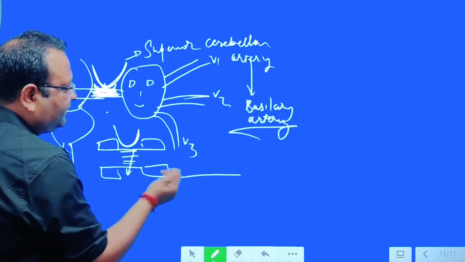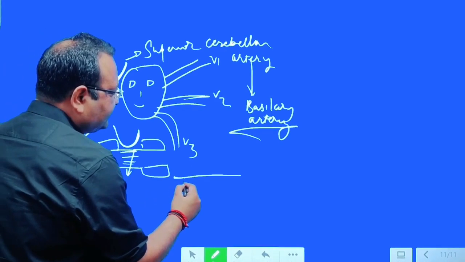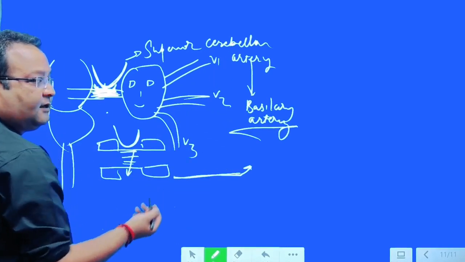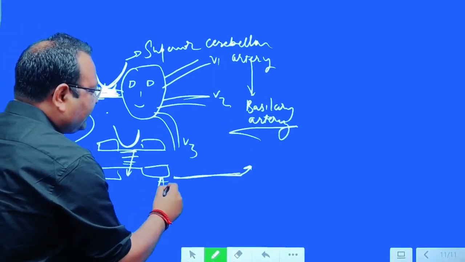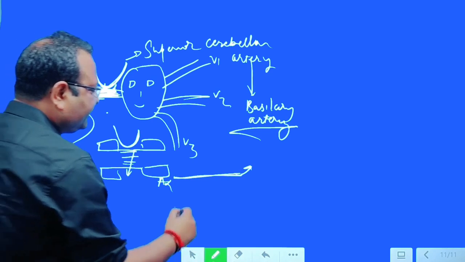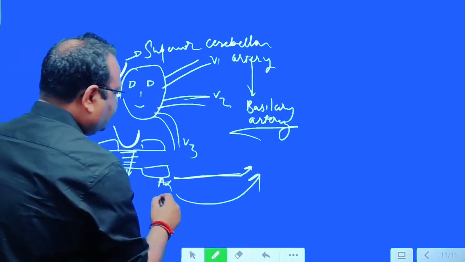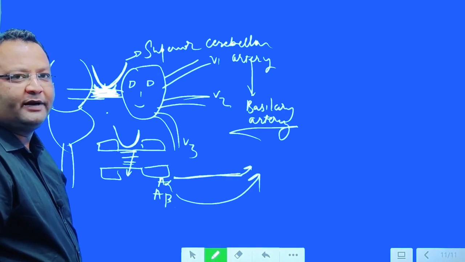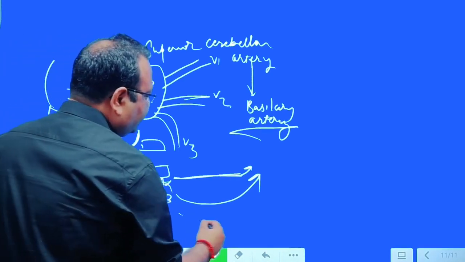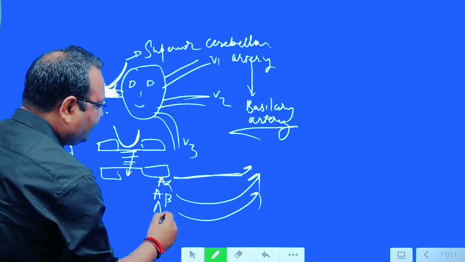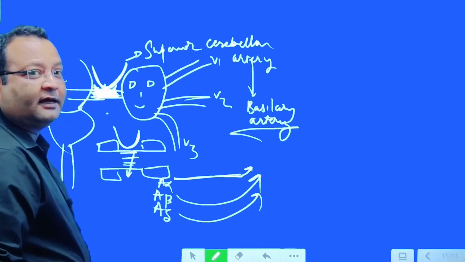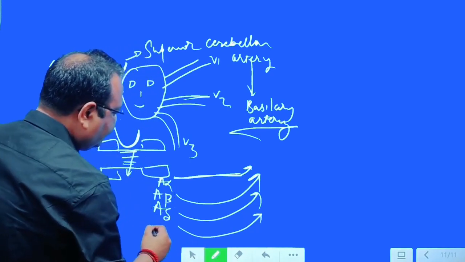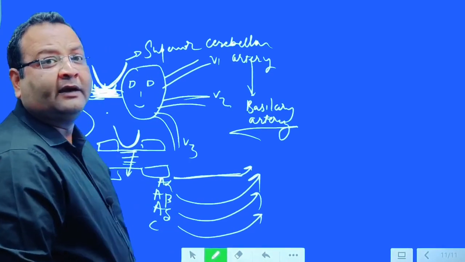If you take a section of this sensory root, it carries multiple fibers. One fiber going toward the central nervous system is your A alpha fiber, which carries proprioception. Then this is your A beta fiber, which carries your fine touch and two-point discrimination sensation. And then there is the A delta fiber, which carries sharp pain, and this C fiber, which carries dull pain.